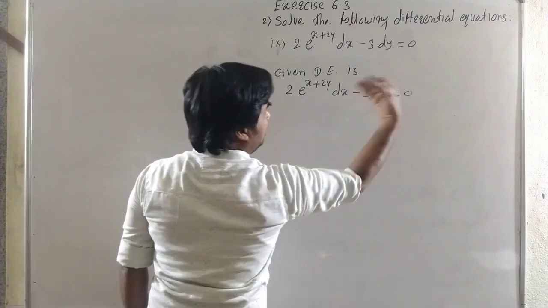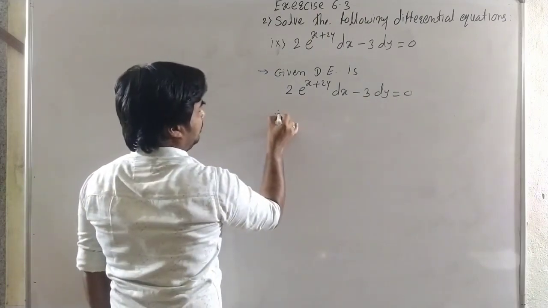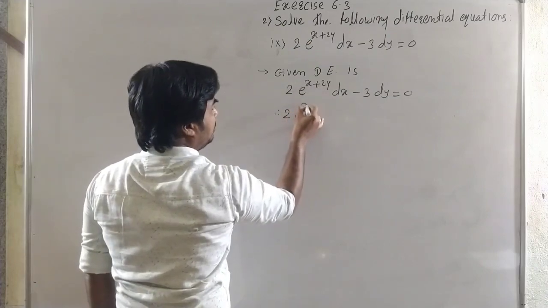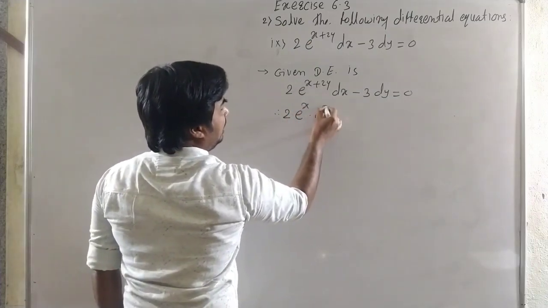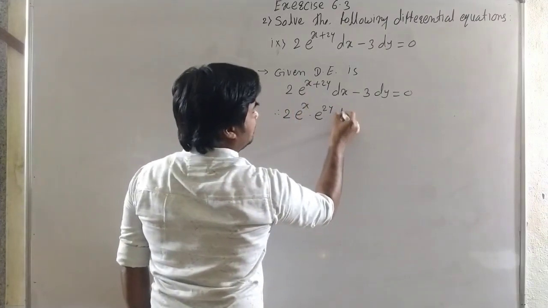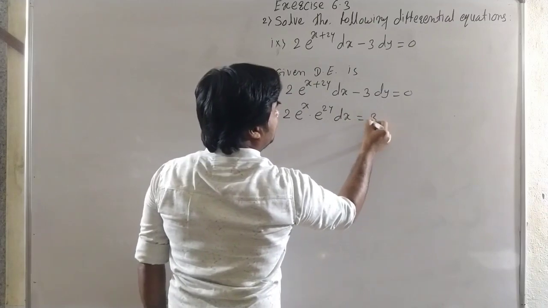The given differential equation is 2 e raised to x plus 2y dx minus 3 dy equal to 0. Now moving minus 3 dy to the RHS, we get 2 e raised to x plus 2y. We can write it as e raised to x into e raised to 2y, dx is equal to 3 dy.